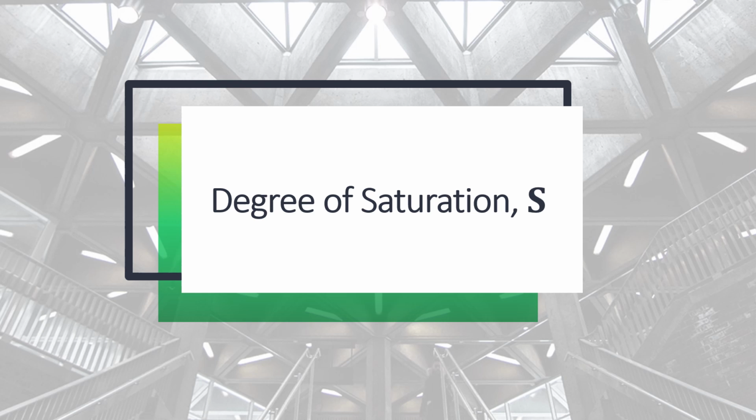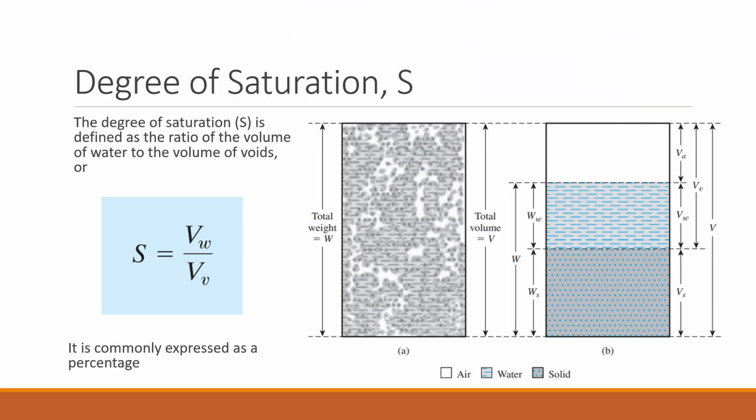So now, proceeding to another physical property of the soil is the degree of saturation, which is denoted by capital letter S. The degree of saturation, or capital letter S, is defined as the ratio of the volume of water to the volume of voids.